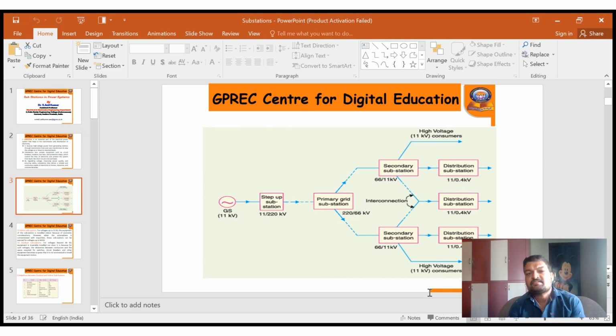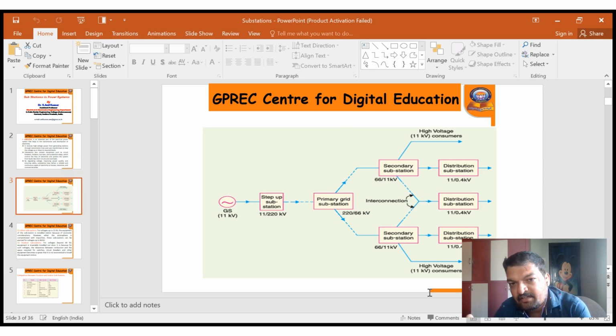So, from the 11 kV generating station, we have to transmit the power by stepping up the voltage. To step up the voltage, we require step up substations. From 11 kV, we are stepping up to 220 kV. From 220 kV, we are giving to the primary grid substation.